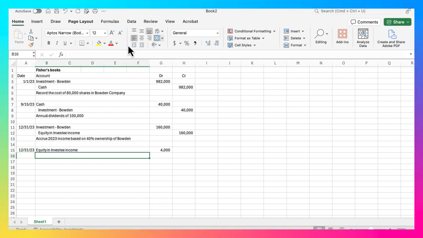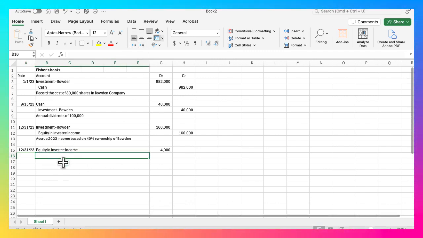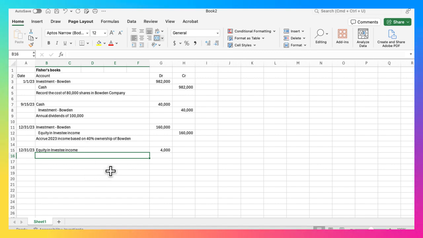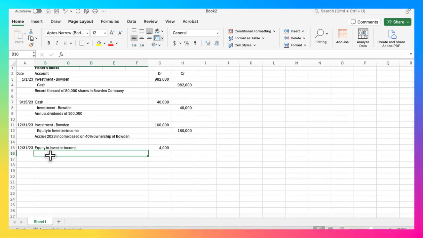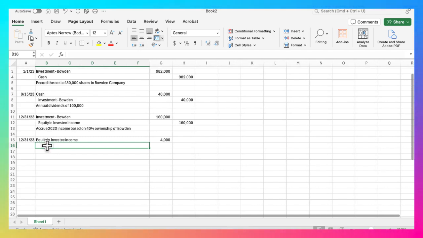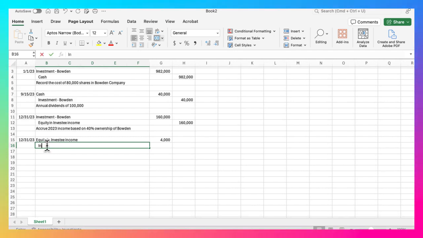So we're showing that the net income we received is going down because of our amortization, which is what we're booking here. And then we need to decrease the investment account in Bowden by the same $4,000. Okay? Now, what happens next?